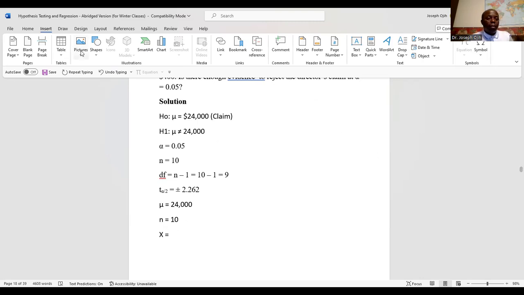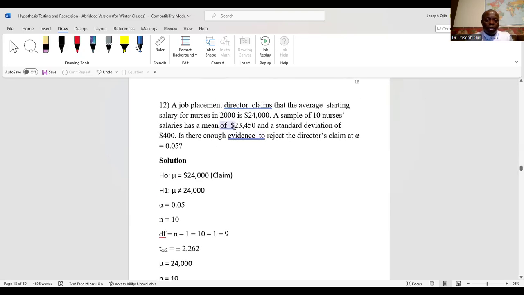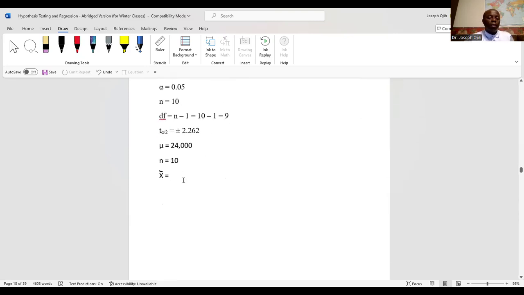Out of those 10 nurses, they have 23,450. 23,450.